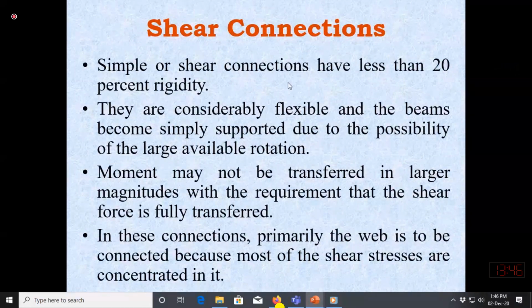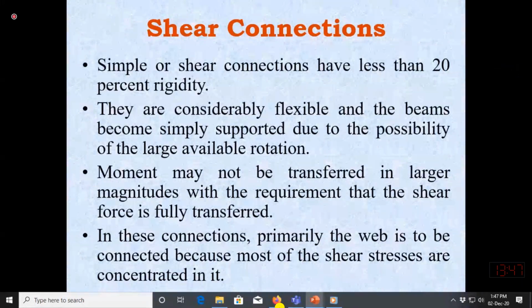A simple or shear connection has less than 20% rigidity. Actually, all types of shear connection also transfer some moment, but the magnitude of the moment transferred from our beam to the column is less than 20%. If they are transferring the moment less than 20%, we consider the connection a simple connection or shear connection. They are considerably flexible and the beam becomes simply supported due to the possibility of large available rotation.